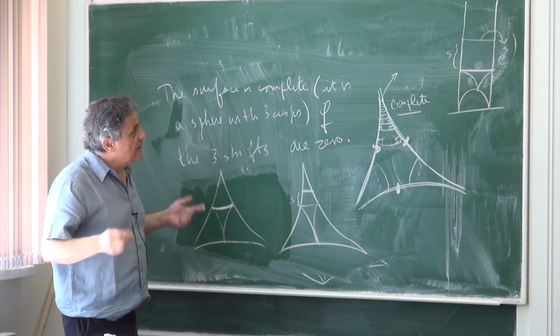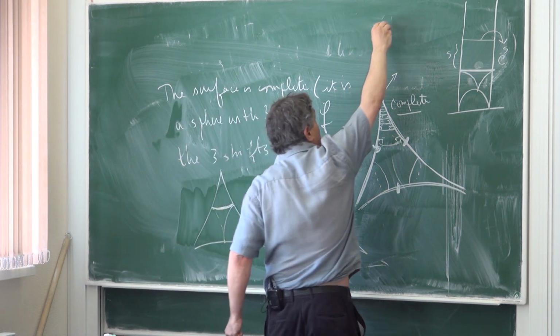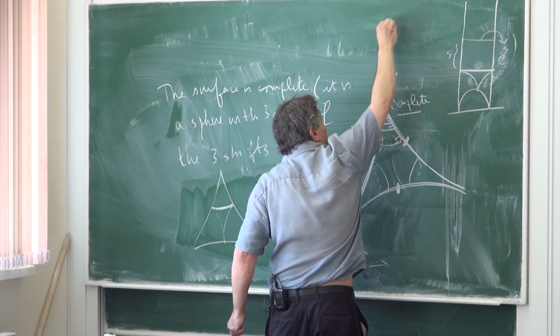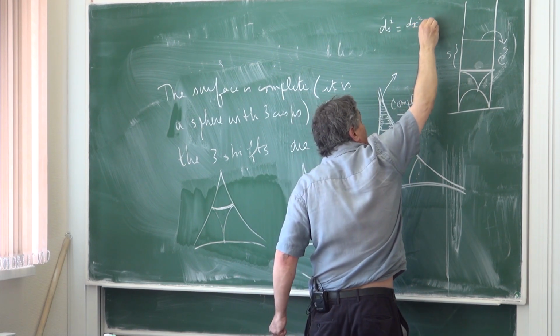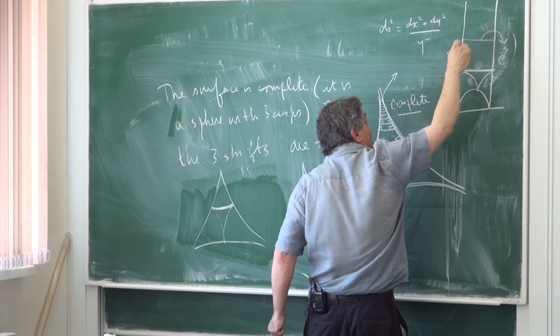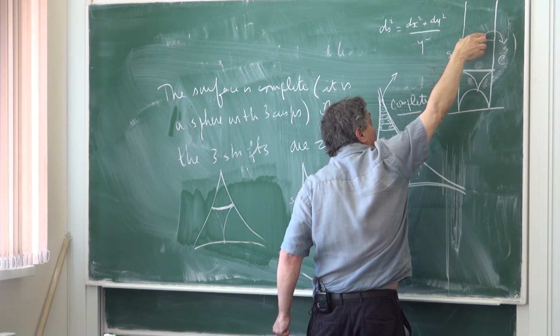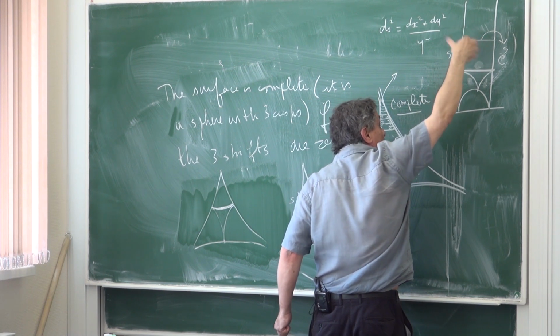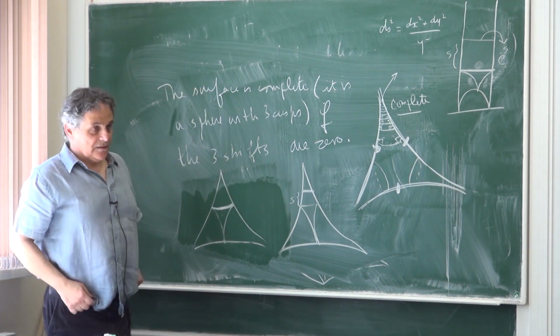You can see this just by a computation in the hyperbolic plane, using the distance ds squared equals dx squared plus dy squared divided by y squared. So when you go up, the hyperbolic distance becomes exponentially shorter than the Euclidean distance.